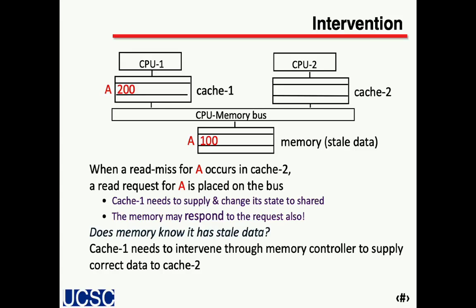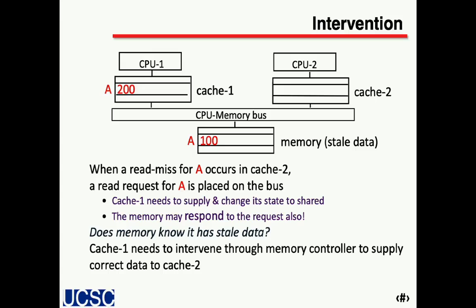And so without an intelligent coherence protocol implementation, processor 2 is going to request, hey, I need address A, and it's going to ask memory for that data, and memory is going to say, oh, I have address A, yes, here's 100, right? But we don't want to do that, right? Because that's the wrong value.